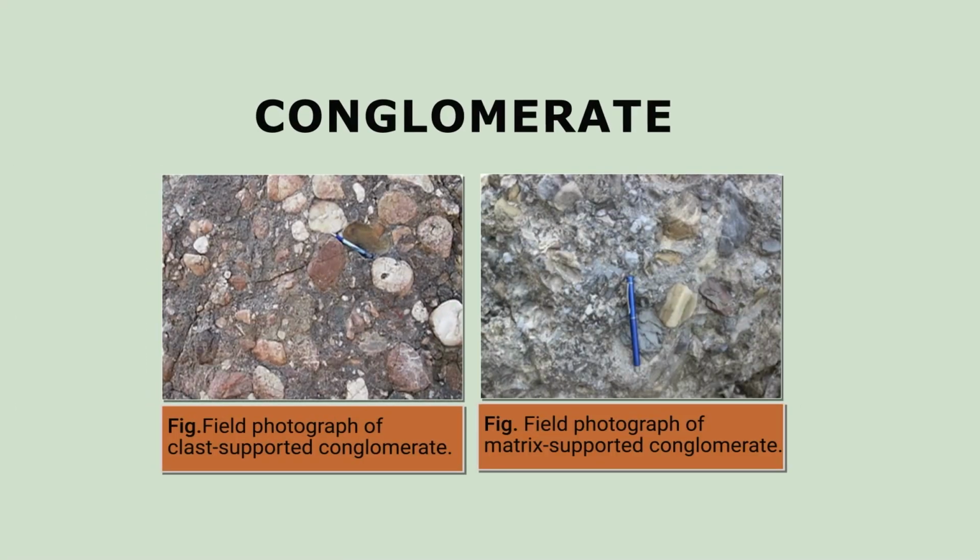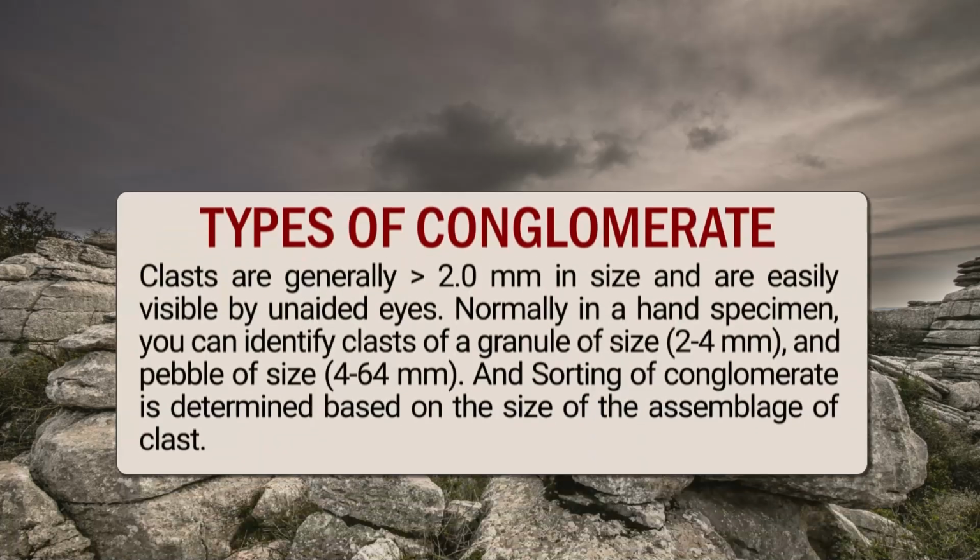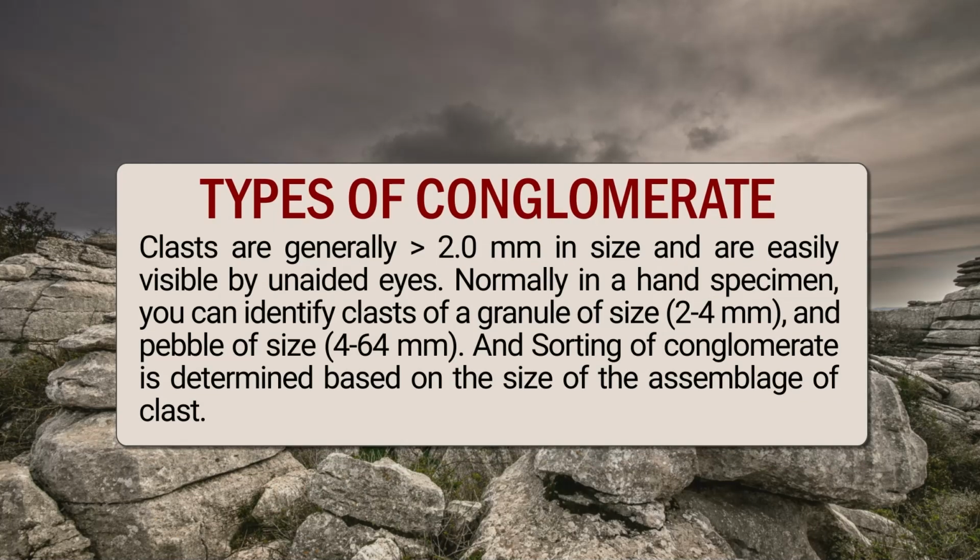Here you can see a field photograph of clast supported conglomerate, and this is another field photograph of matrix supported conglomerate. You see the clasts are generally greater than 2 mm in size, and they are easily visible to the unaided eye.